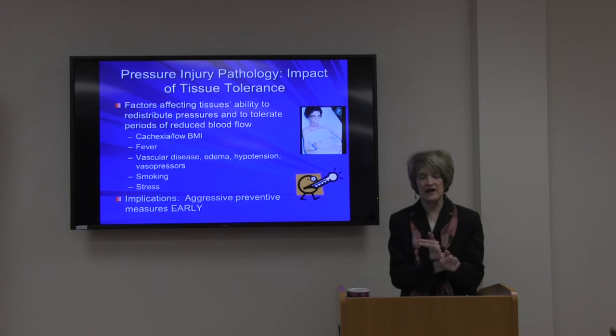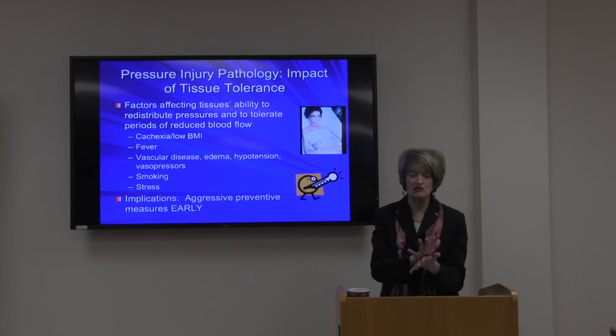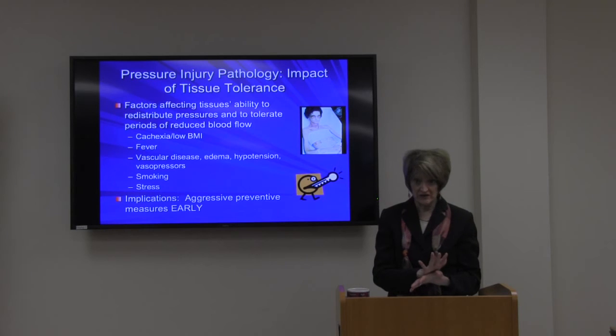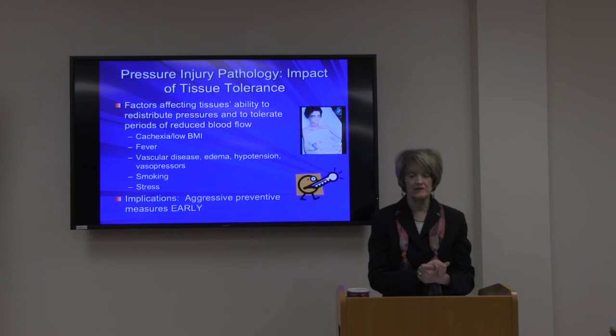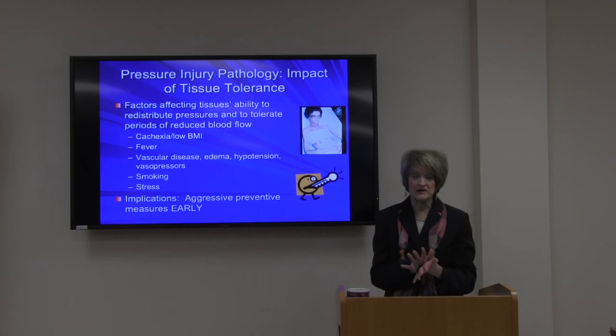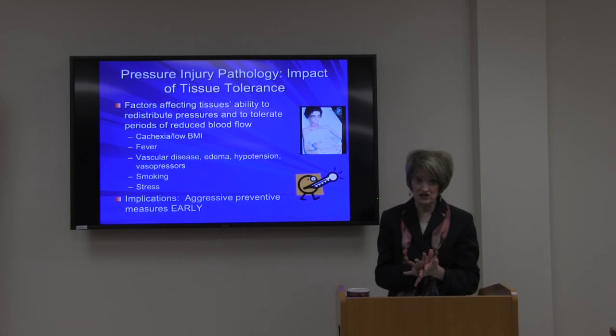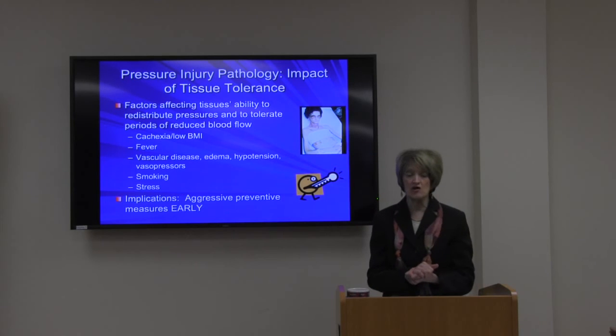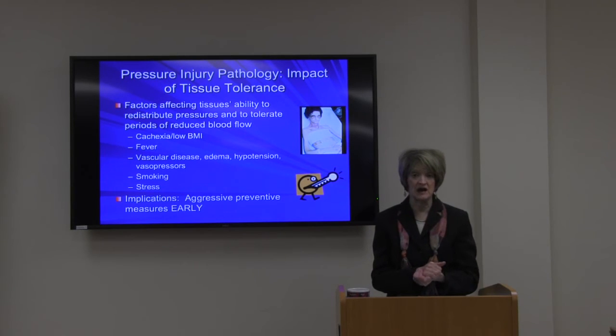So we talked about the negative impact of prolonged or high intensity pressure, vessel compression, tissue ischemia. We've talked about the negative impact of shear, vessel compression, and angulation resulting in tissue ischemia. Now we're going to talk about the effects of compromised tissue tolerance.